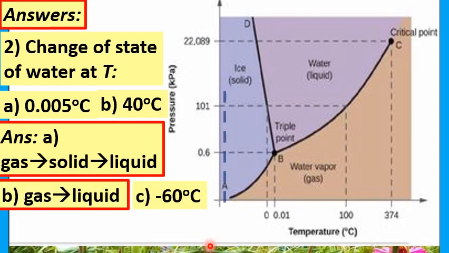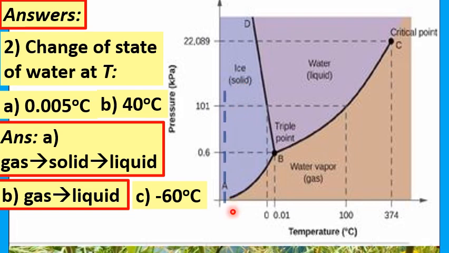And for letter C, when the temperature is negative 60 degrees Celsius, in our figure, that's approximately at this point in our temperature axis. And as we increase the pressure, notice that initially water is already in its solid state. And as we increase the pressure, notice that the broken line only passes through the region for solid state.